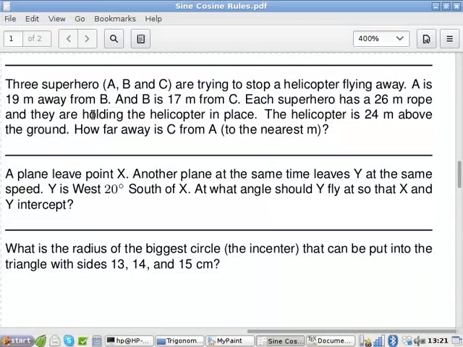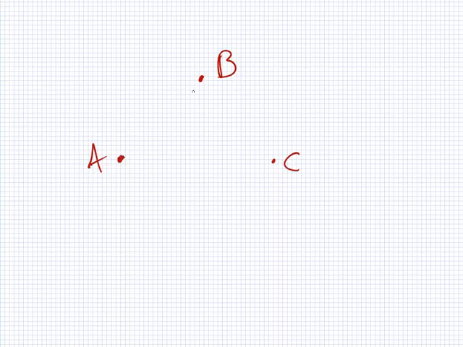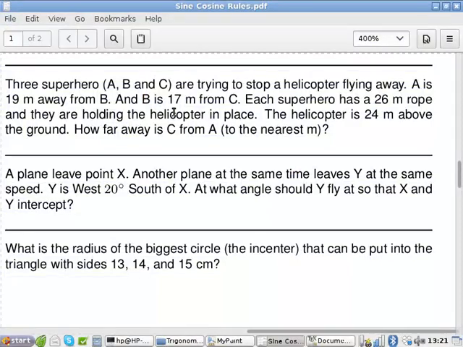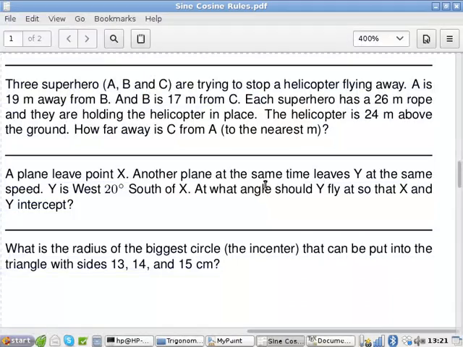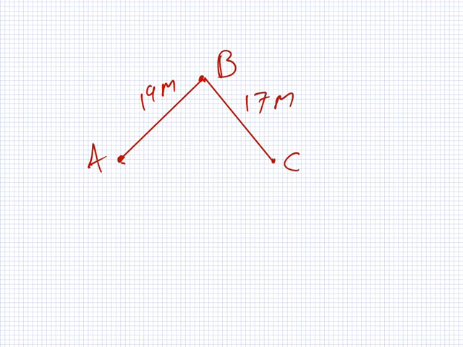A is 19 meters from B, and B is 17 from C. That's 17. And they want to know what this is.